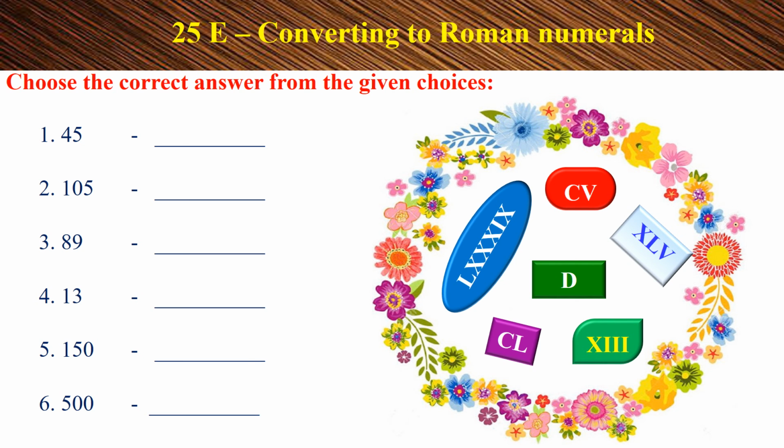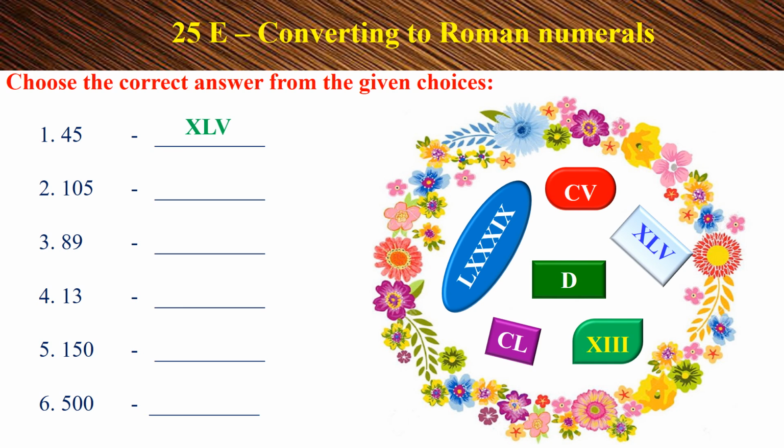Converting to Roman numerals. Choose the correct answer from the given choices. Okay, we have to choose the correct Roman numerals for the given Hindu-Arabic numerals. So, first one is 45. Which one is the apt Roman numeral for that? 45. So, it should be, yes, of course, it is XLV.